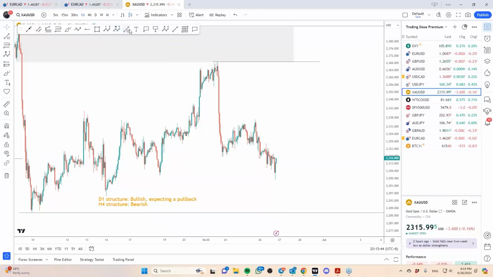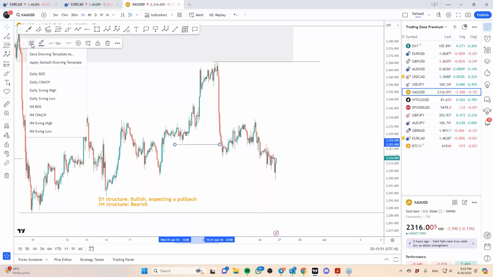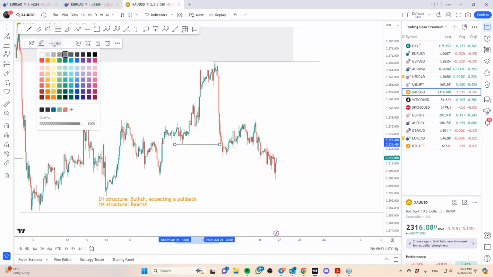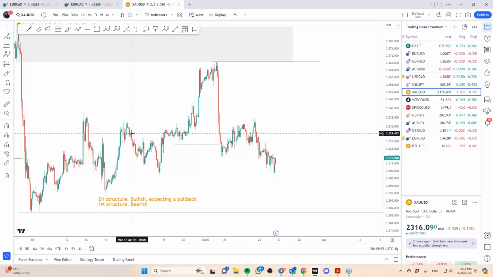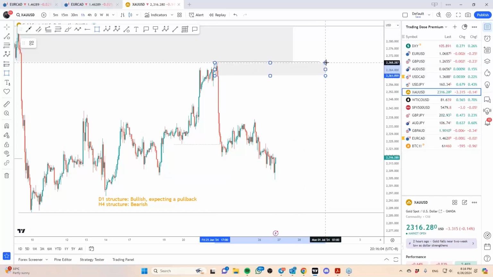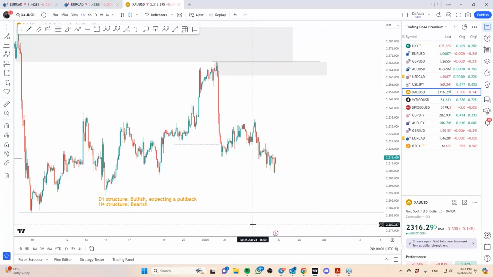Where is your H1 structure broken? Here, or here. That's your change of character. So that becomes your H1 swing high. We have a very obvious fair value gap here. This becomes your supply zone, your order block.